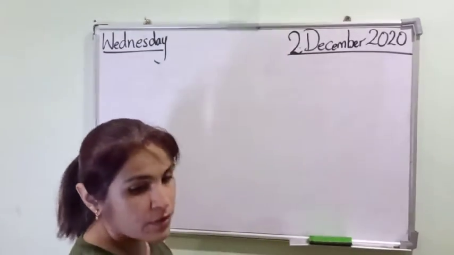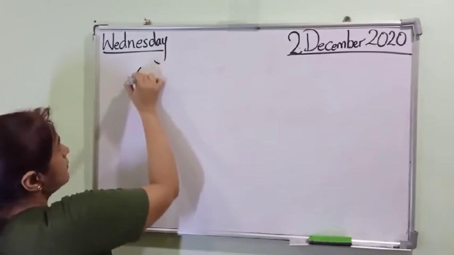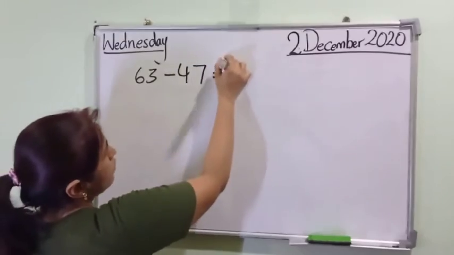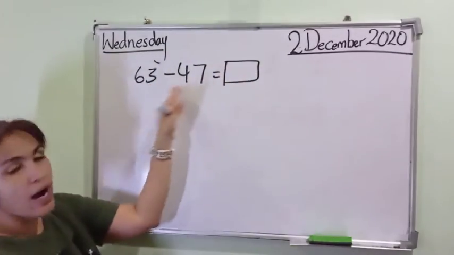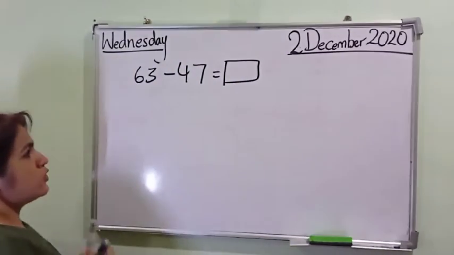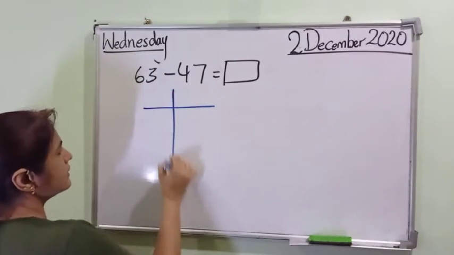So here 63 minus 47. We cannot do the mental maths because both the numbers are bigger than 10. Okay, so we need to have our tens and ones table.